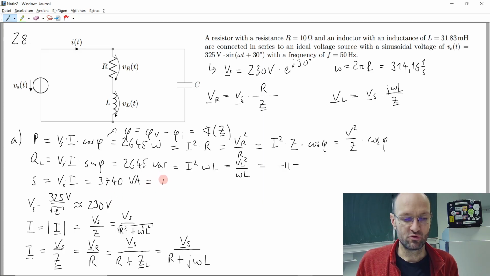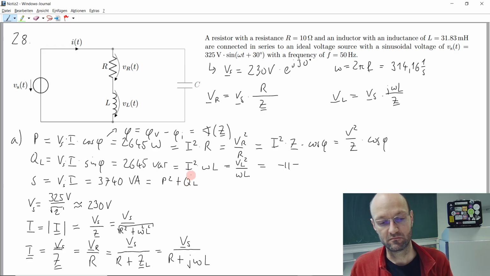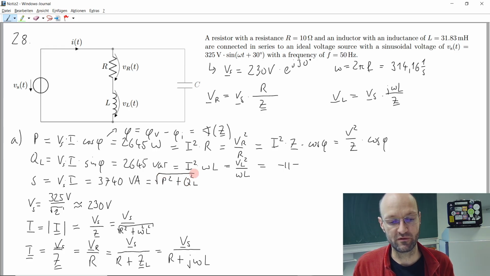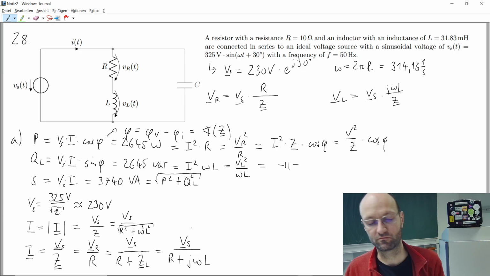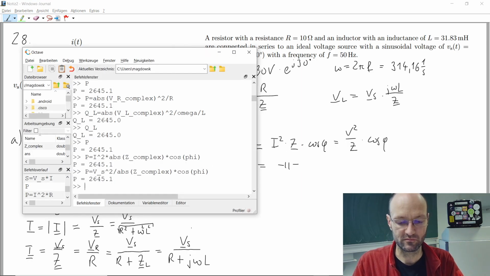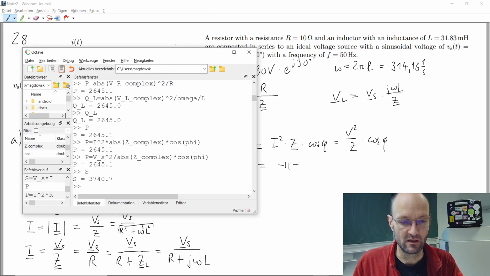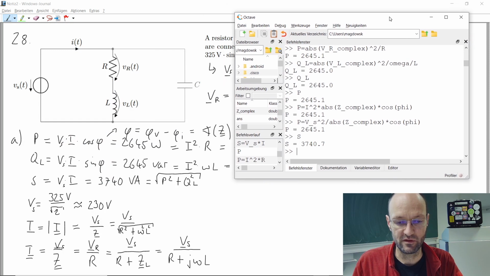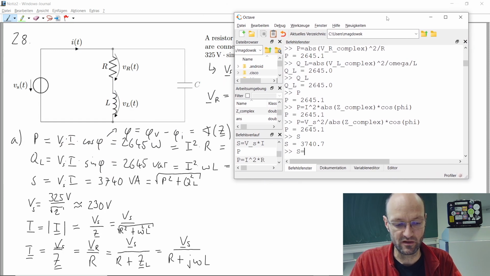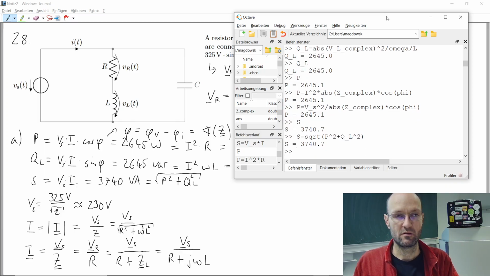Yeah, so we could do P squared and QL squared and then take the square root of it. This should work. And we can try it out. So this was S. And if instead of this we use S as the square root of P squared plus QL squared, we get the very same value.